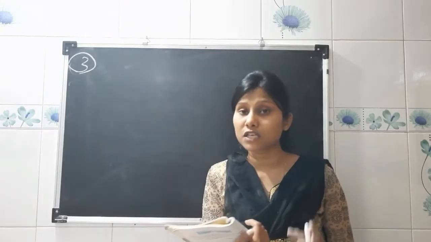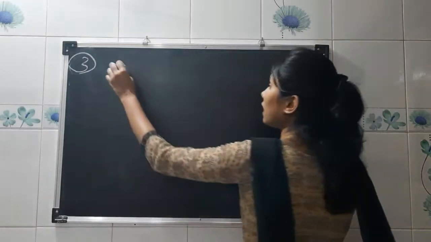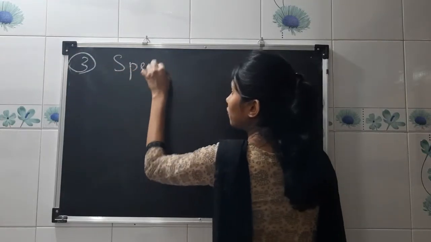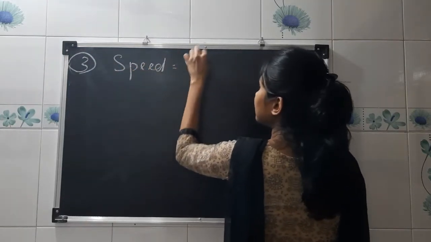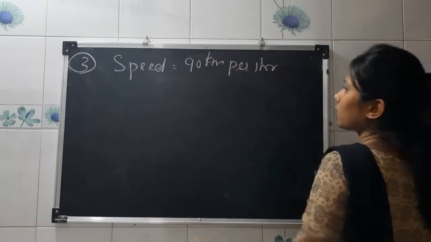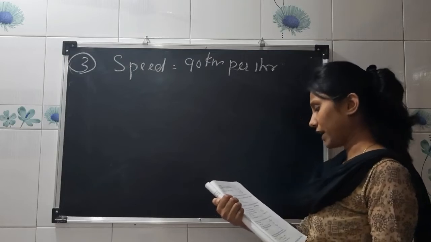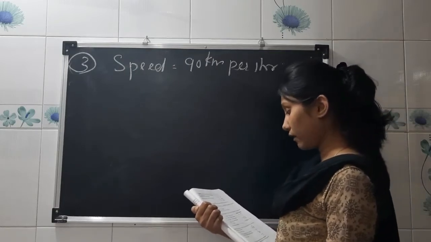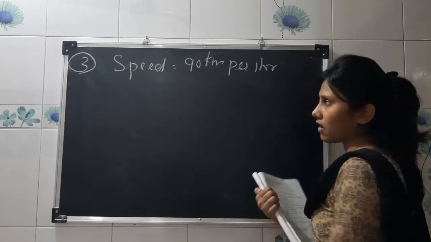It runs 90 kilometers in 1 hour. Okay, so the speed of the train is 90 kilometers per hour. We have to find out what distance the train will cover in 2.5 hours.